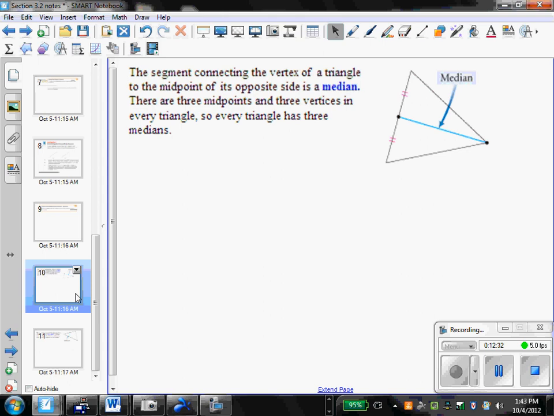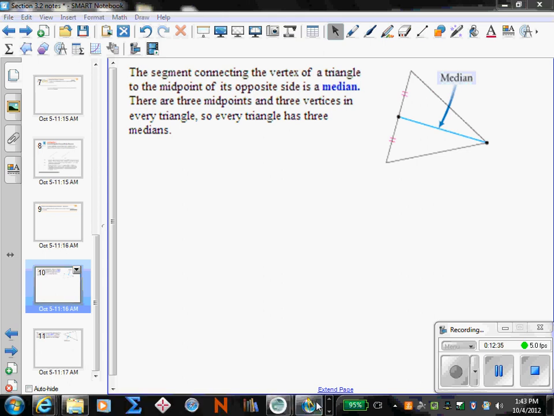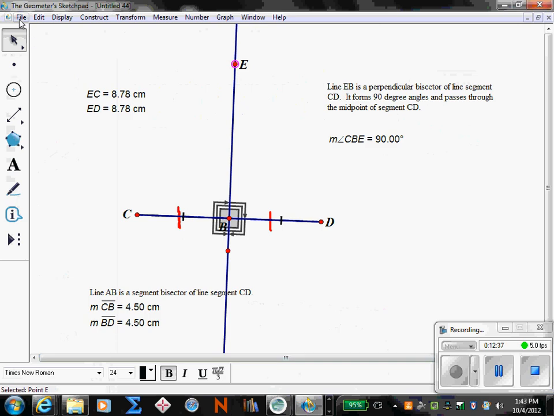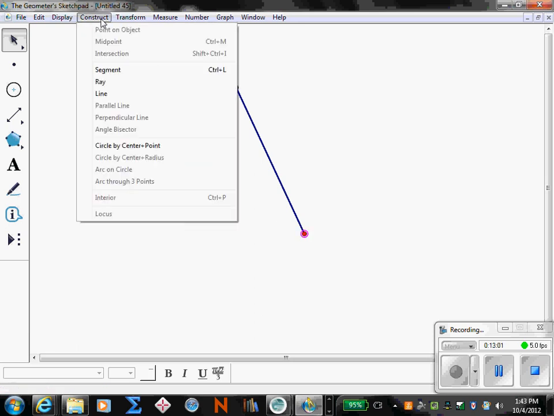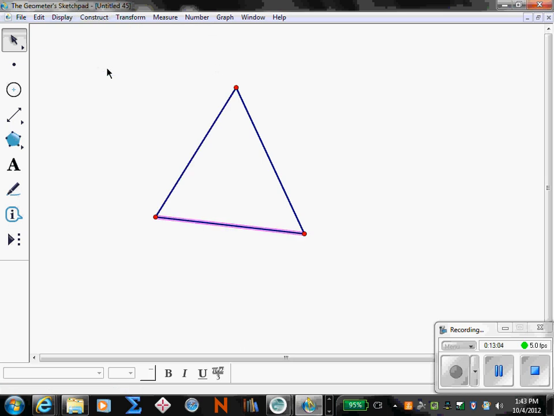And you guessed it, we're going to go into Sketchpad and make medians. So I'm going to start with a new sketch for this. I'm going to pick 3 points and just make a triangle. We're going to be doing a lot of this. So make sure you're comfortable with the definition of a median. Okay, so I've constructed a triangle.